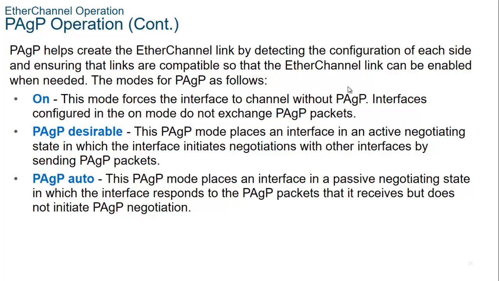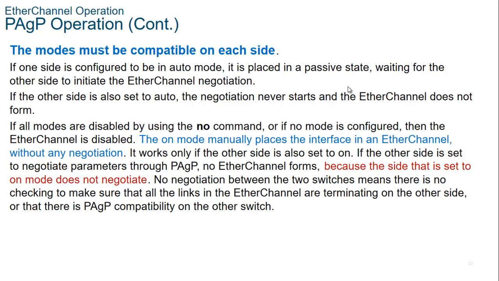So you have on, which is like compulsory in a channel, without negotiation and no exchange of PAgP packets. You have desirable, a mode which desires to be in a channel and starts negotiating with its neighbors. And you have auto, which is passive negotiating. It will keep quiet until someone asks it to join a channel. The modes must be compatible on each side.